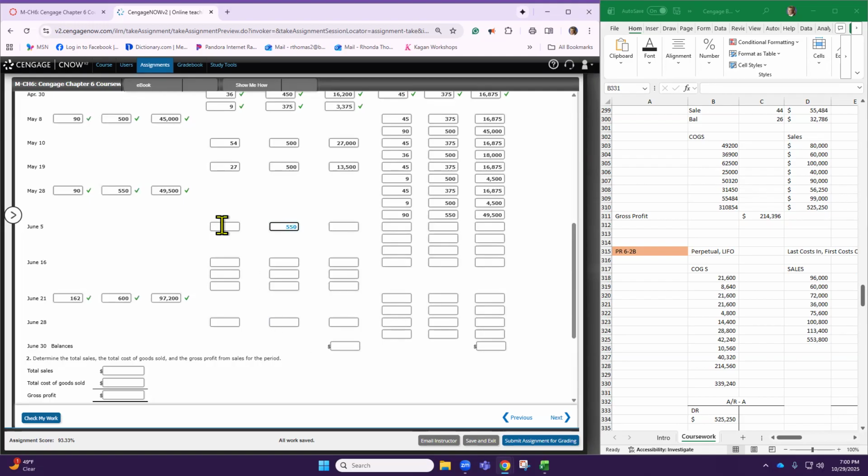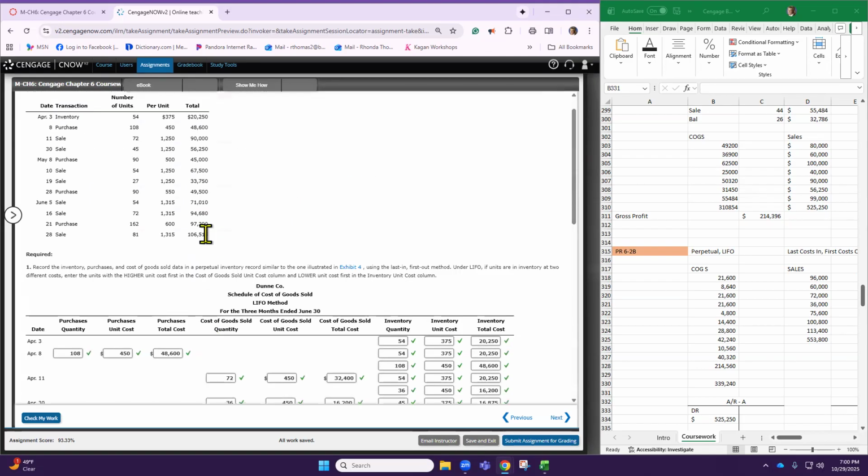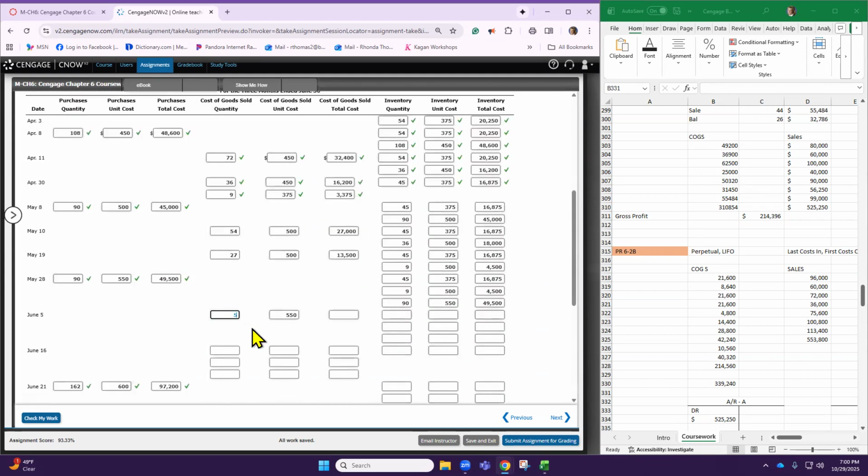Okay, and then June 5th, the sale is 54 units. Yep, 54 units times 550 is 29,700. Now bring down. What's the oldest? The 375 is still hanging around. The 9 are still hanging around.